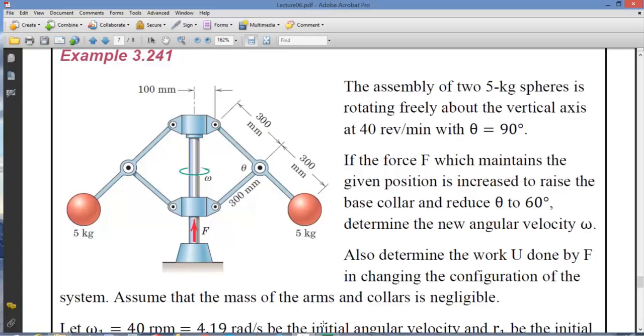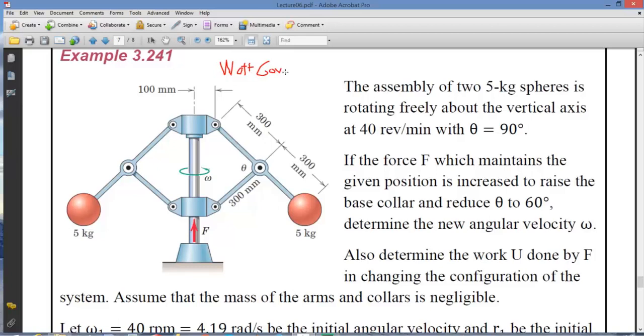This example is based on a very famous machinery that was built by Watt, and it's called Watt's governor or Watt governor. Please search that on the internet to get more insight on it. So this is called the Watt governor.